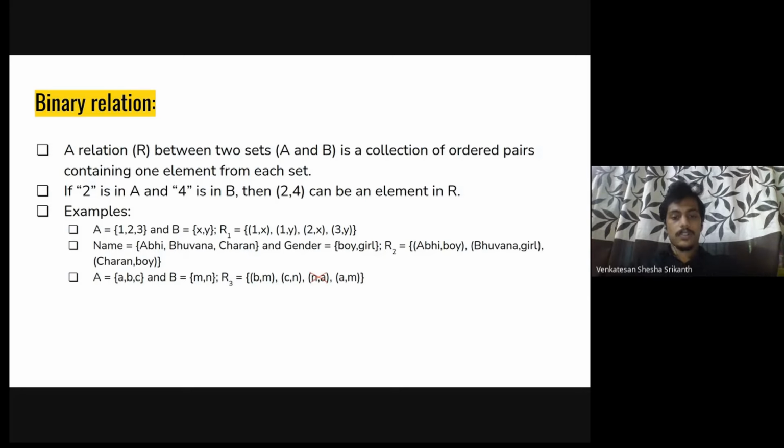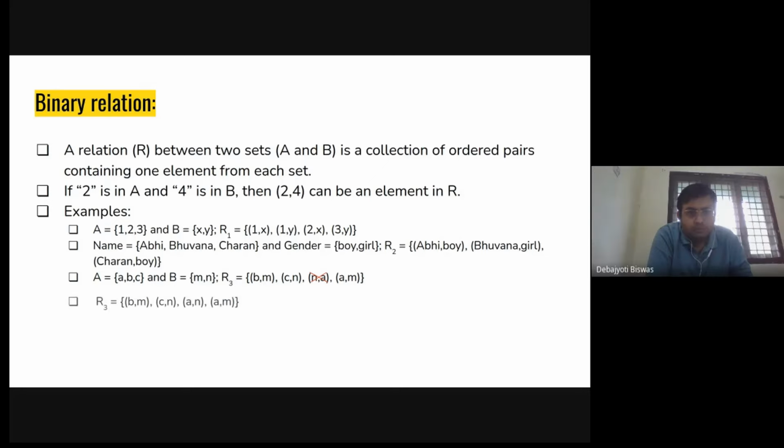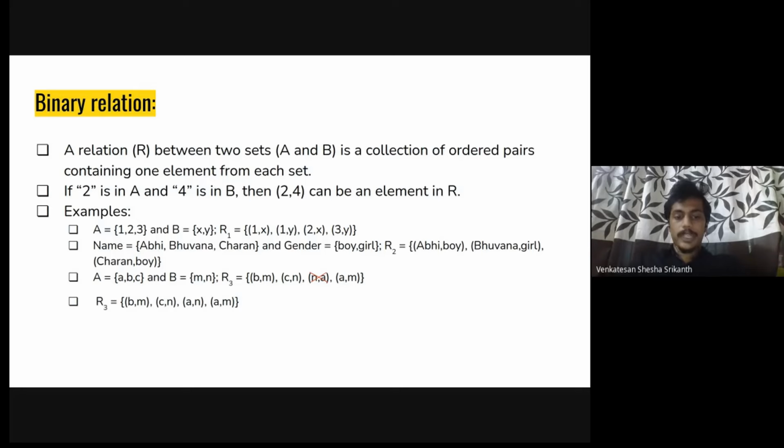So this (n, a) element doesn't belong to R3. If I am going to define a relation on A and B, this (n, a) shouldn't be in my R3. So my R3 should be (b, m), (c, n), (a, n) and (a, m). Can this be a relation now, DJ?